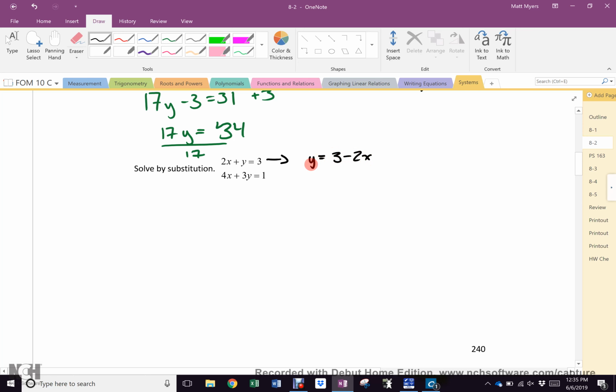Just so you don't have a negative at the front. So now, if that's y, how does that help us down here? What do I write now? Plus 3 equals 1.